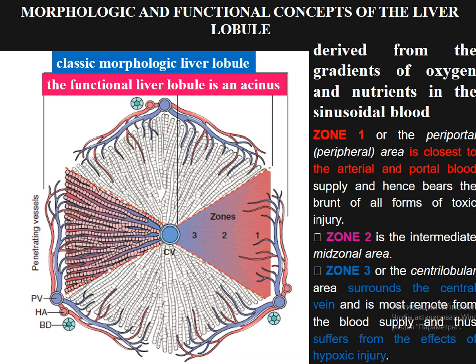The functional lobule or liver acinus, as described by Rappaport, has a portal triad in the center, and is surrounded at the periphery by portions of several classical lobules.